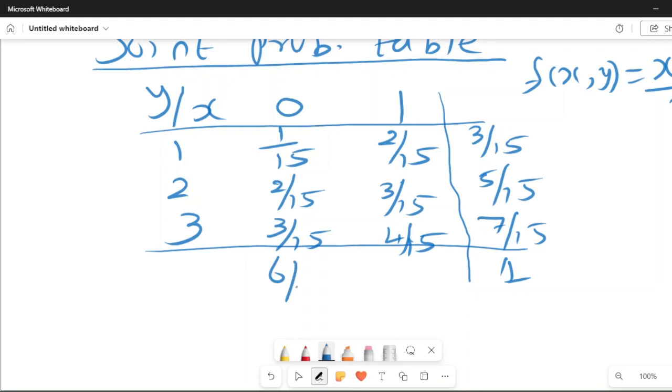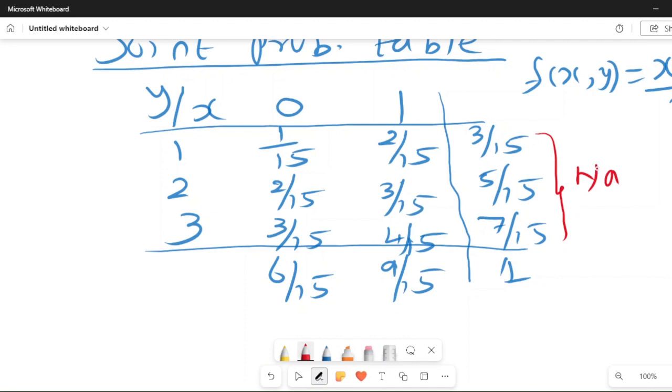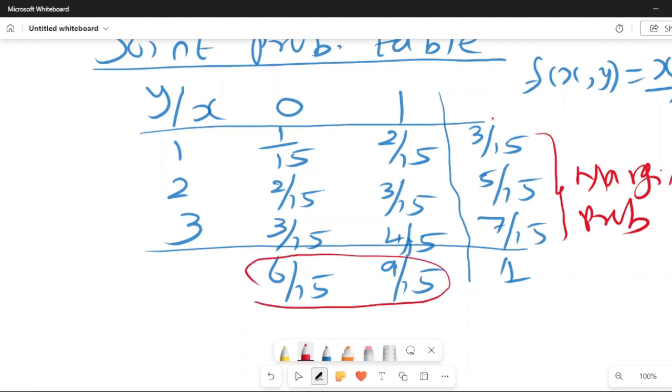This is 6 over 15, and this is 9 over 15. So these probabilities outside there are what we call marginal probabilities, and they are similar to this. These are also marginal probabilities, and the sum of probabilities will always be equal to 1.